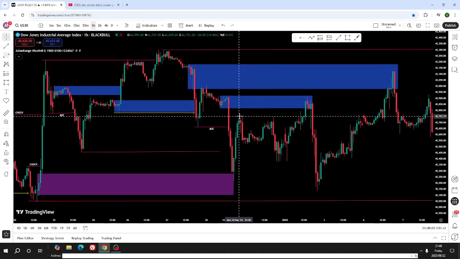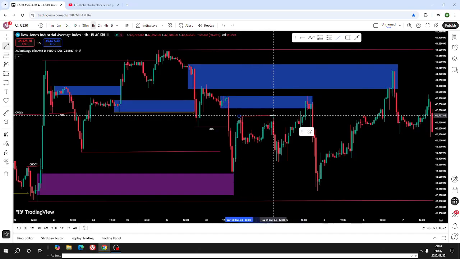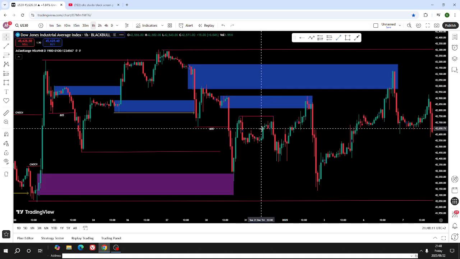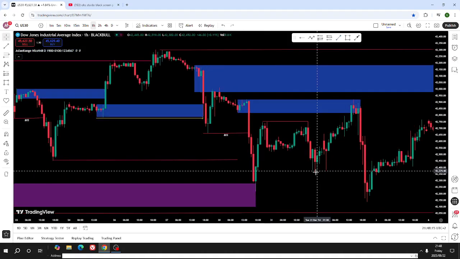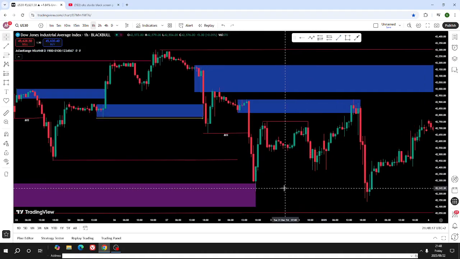So we get to see that the market forms a certain high, right? As the market formed a certain high, we do have an order block. And where is exactly our order block?